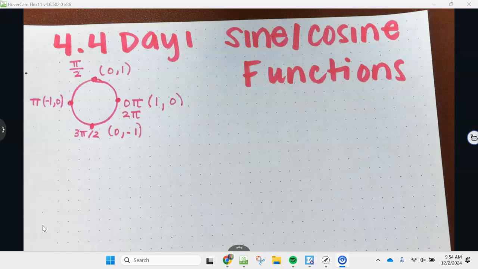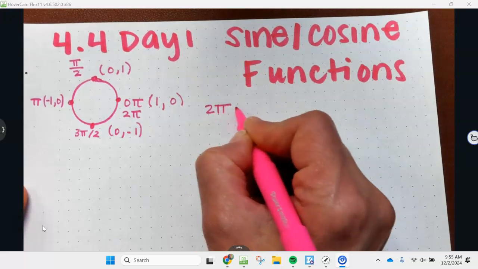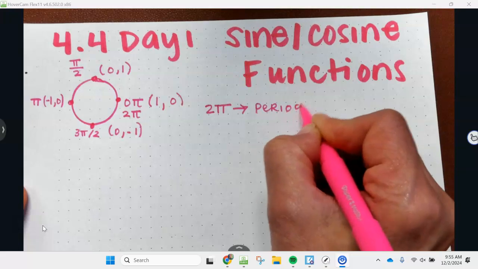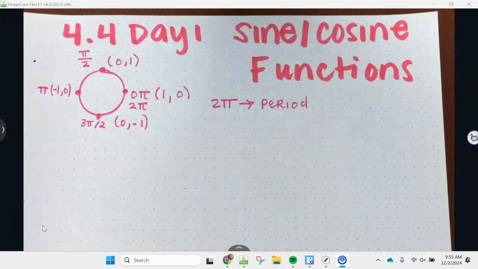If I keep going, I'm repeating myself. So these unique values for 2 pi, that's called a period. And a period is just a cycle of something before it repeats over and over again.